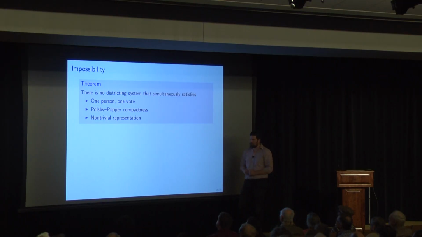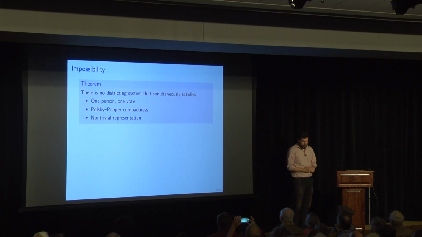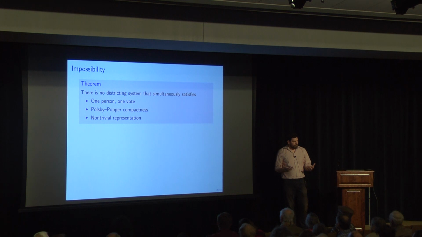So this isn't to say that it's impossible to achieve in a real-world map. Okay? That's not what this is saying. This is saying that it's possible for the voters to live in places while having a political affiliation in such a way that you can't satisfy all 3 simultaneously.